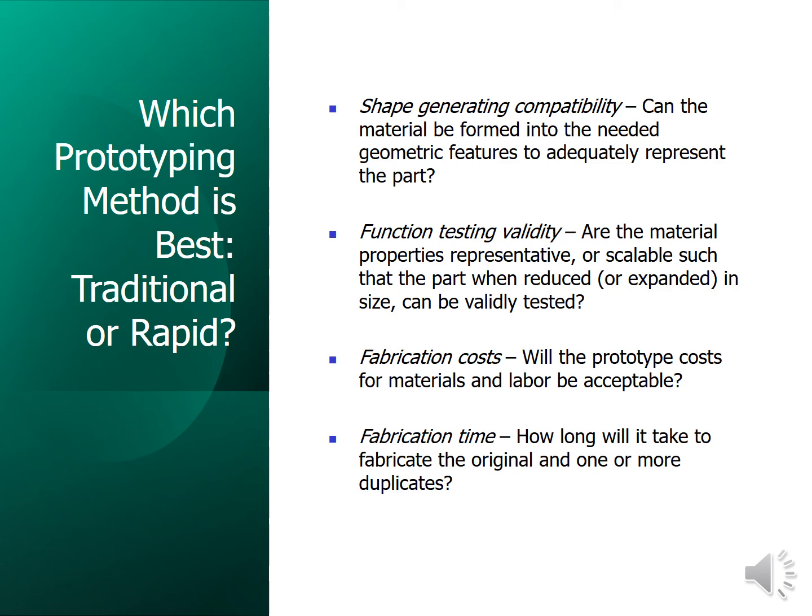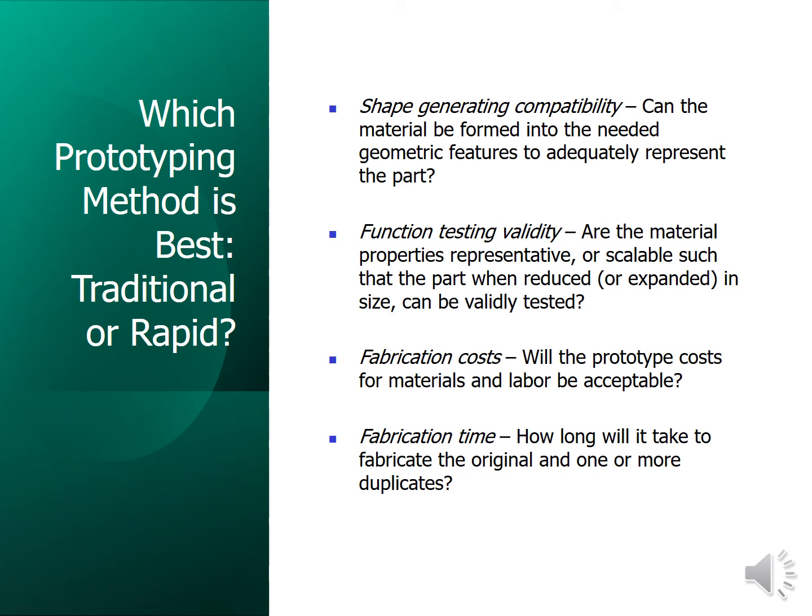Which prototype method is best, traditional or rapid? A comparison between traditional and rapid. Shape generating: can the method form the needed geometry features to be representative of the part? Function testing ability: is the material property representative, such that the part, when reduced or expanded in size, can be validity tested?